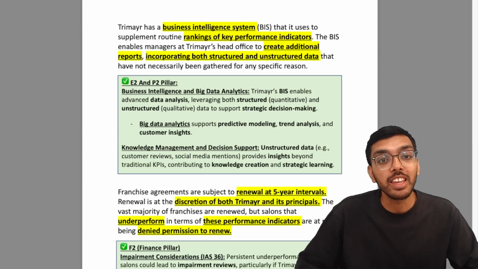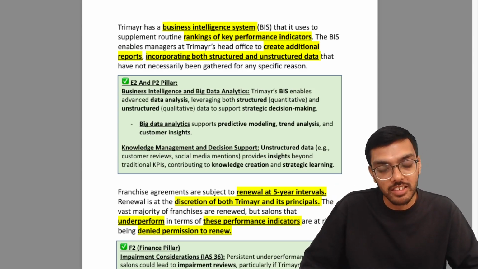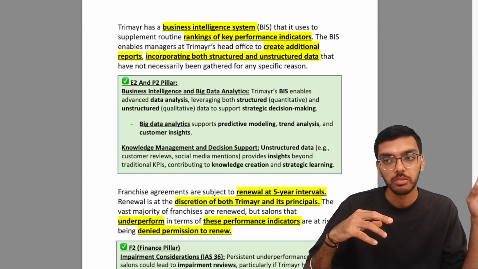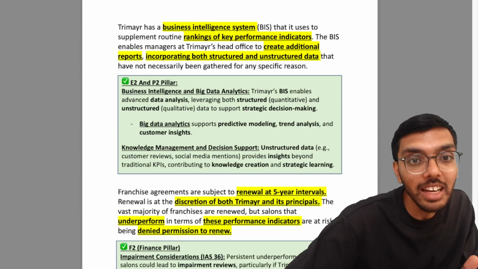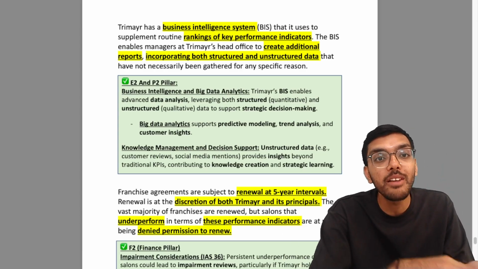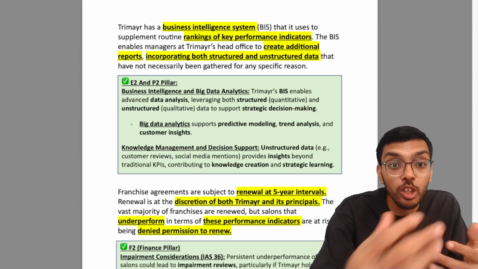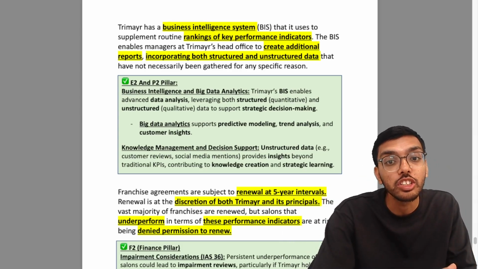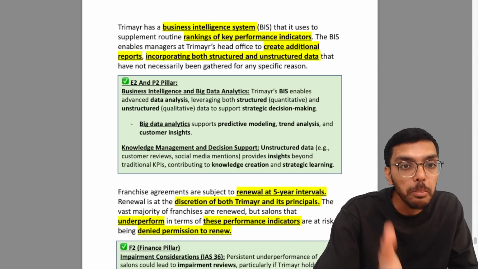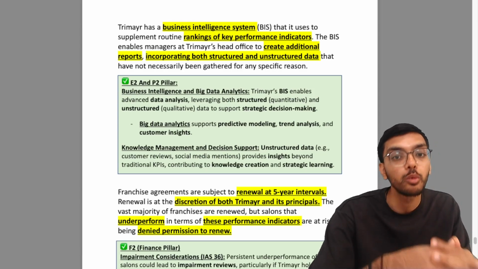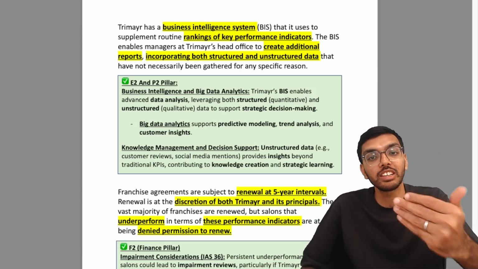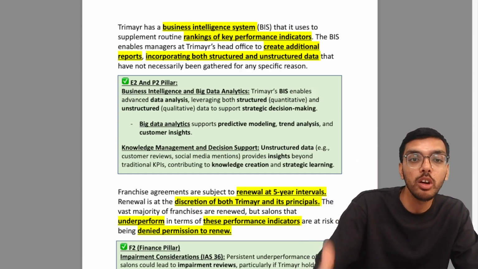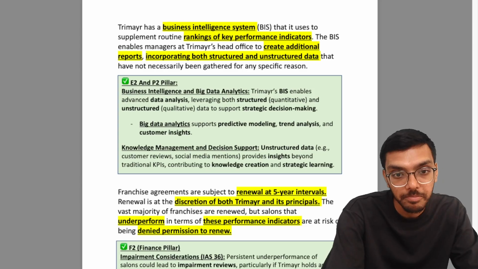So this BIS enables advanced data analysis. See, we were gathering all of that data that we spoke about in the last section. What are we doing with the data? It has been mentioned that we have analyzed this data and used structured, unstructured data for strategic decision making. So this is a big data analytics part which supports predictive modeling, trend analysis, customer insights that will help you serve your customers in a better way.